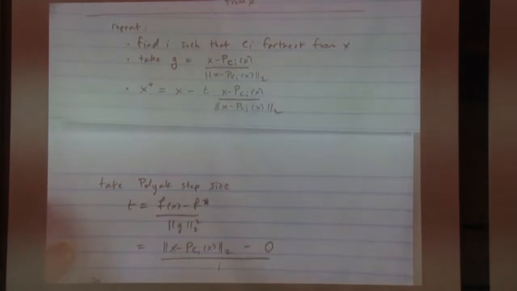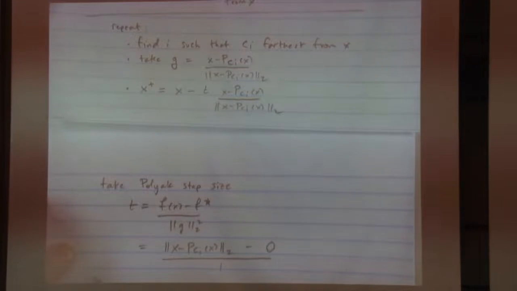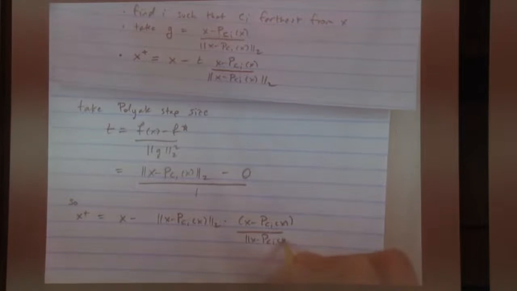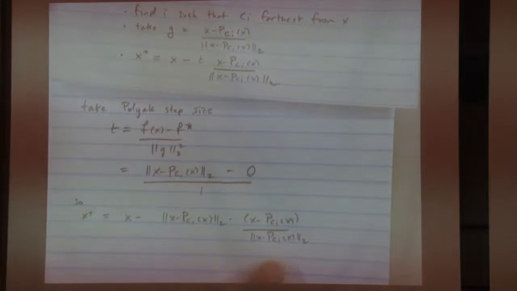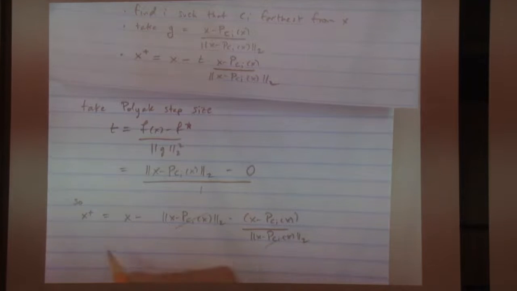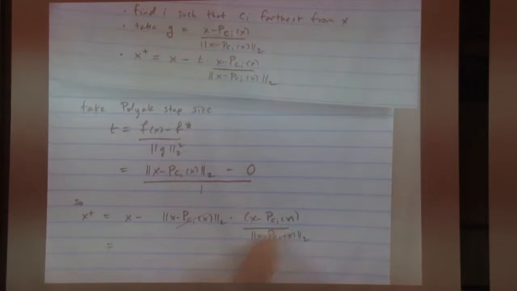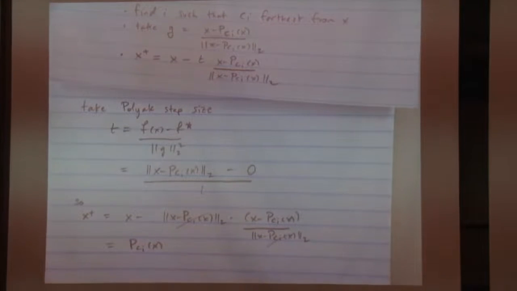I'm doing x minus the norm of x minus P_Ci(x), times x minus P_Ci(x), divided by the norm of x minus P_Ci(x). These cancel. And you can see that what we end up with is just x minus x plus the projection of x onto C_i, which is just the projection of x onto C_i.